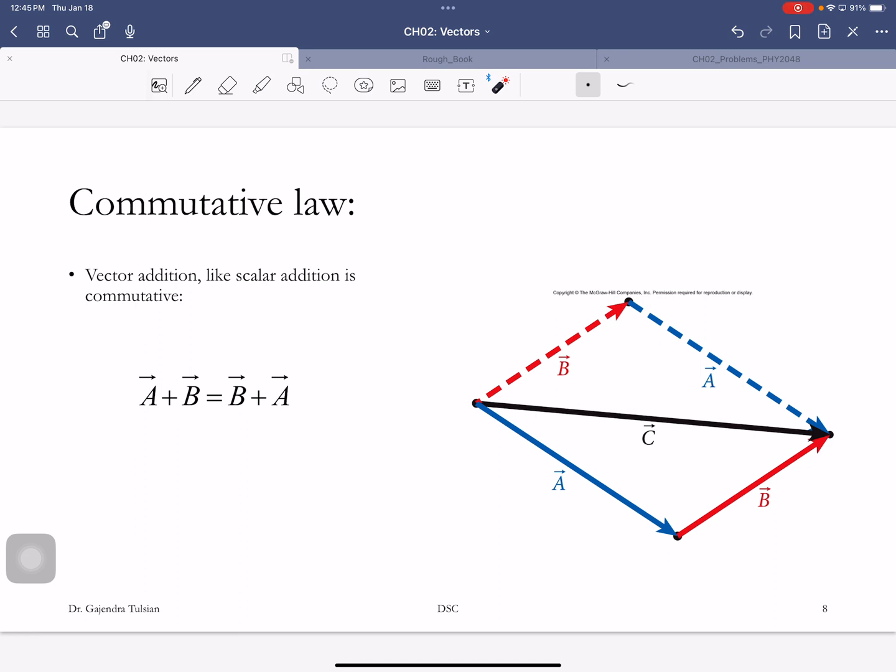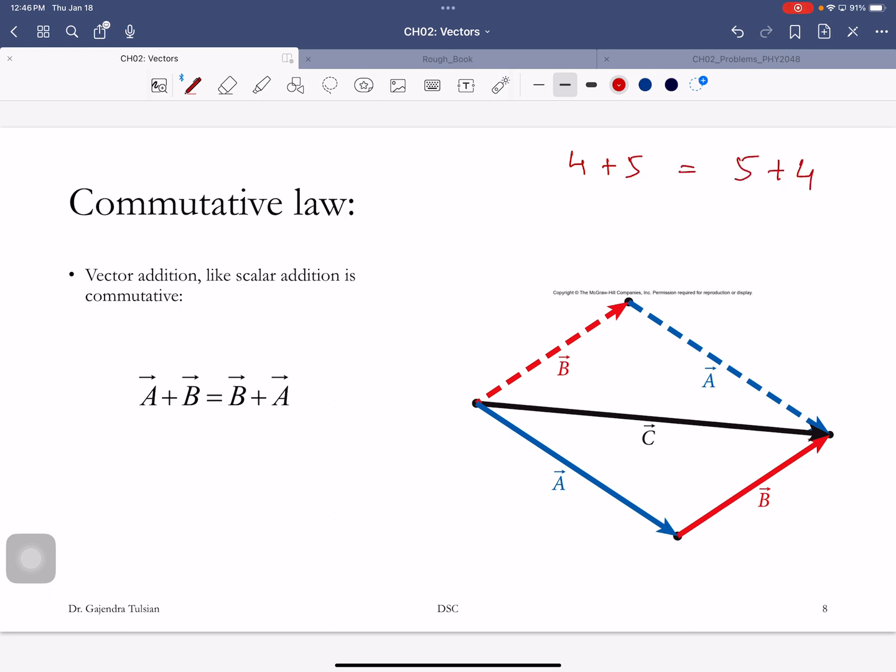Now here's another thing. Whenever you learn about a new mathematical object, like vectors today, and later matrices, you always start off by learning how to add, subtract, and multiply them. You know that 4 plus 5 is the same as 5 plus 4.